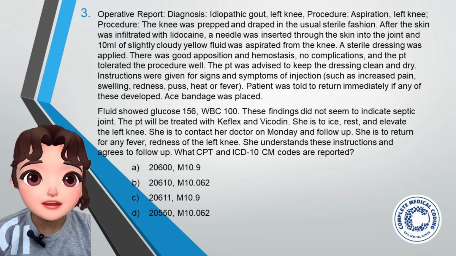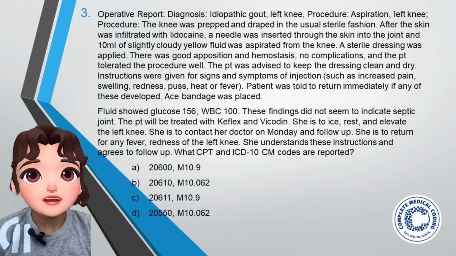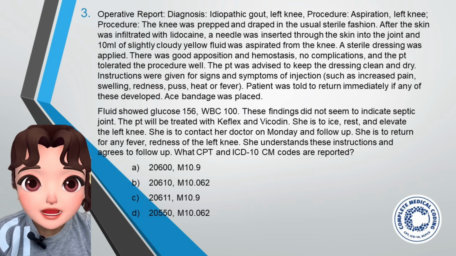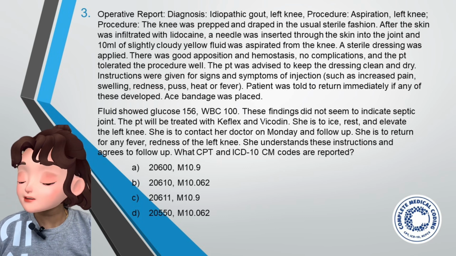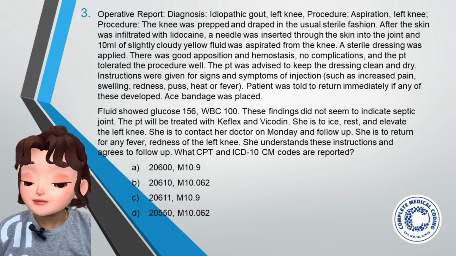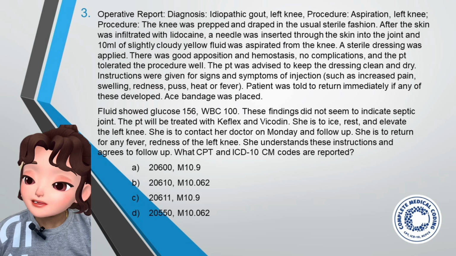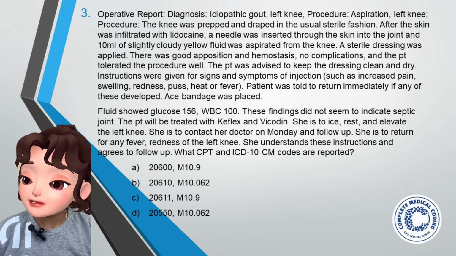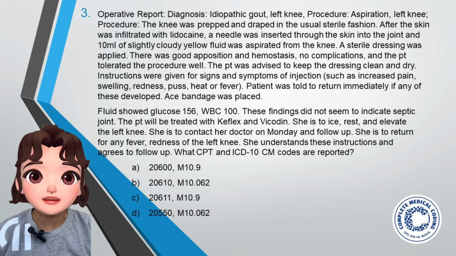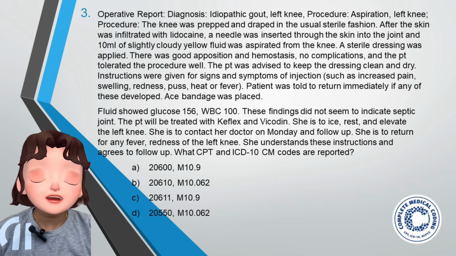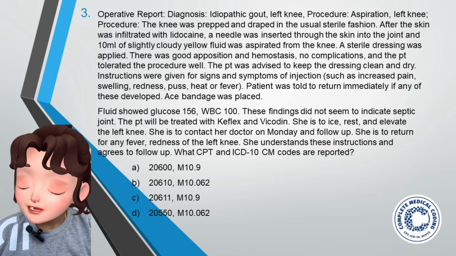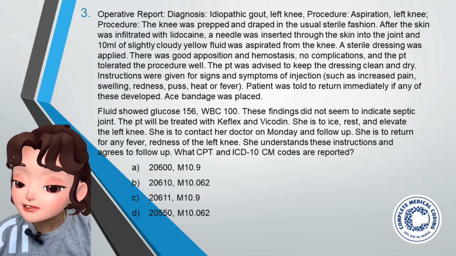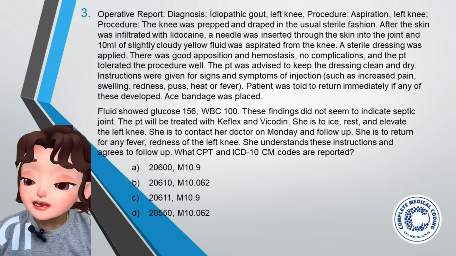Let's go to option B, 20610. So what is our procedure? Aspiration of left knee. Okay. 20610. What is the CPT code? 20610 represents arthrocentesis, aspiration or injection of major joint bursa. And what is the CPT code in option D? 20550, which represents injection single tendon sheath ligament.